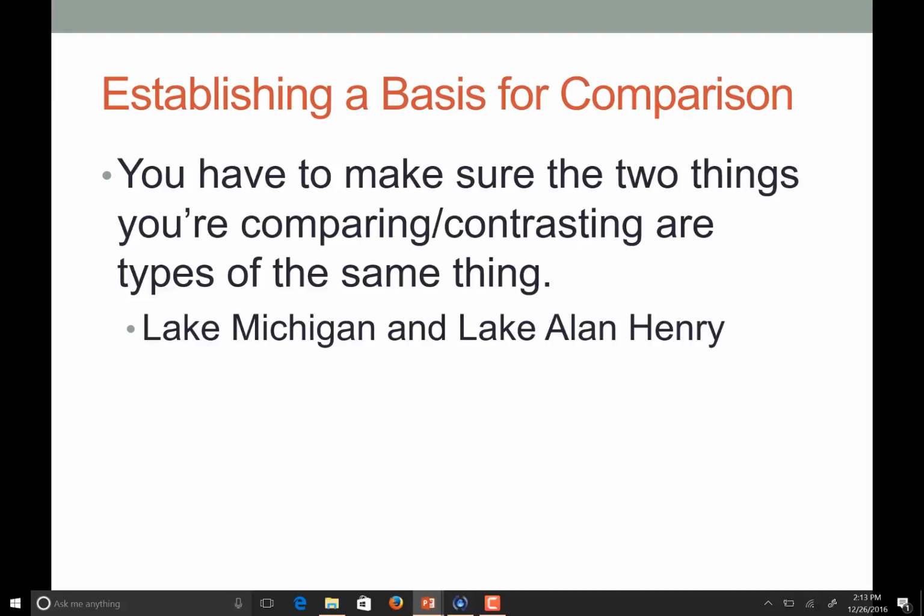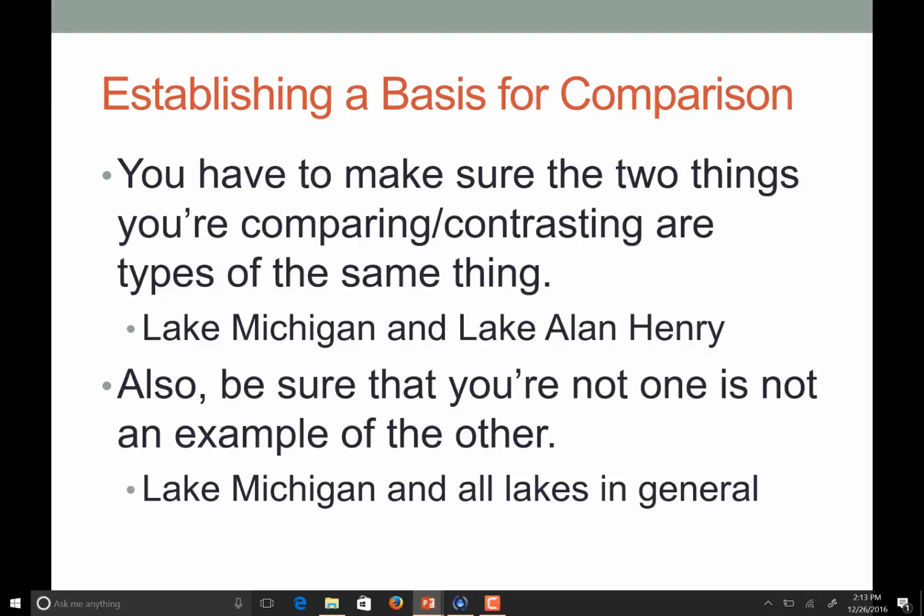What we also want to be sure of when we're establishing a basis for comparison is that we're not talking about one type of something, like Lake Michigan and all other lakes in general. Lake Michigan is just a type of lake or an example of a lake, and that's a completely different type of composition, a completely different rhetorical mode.